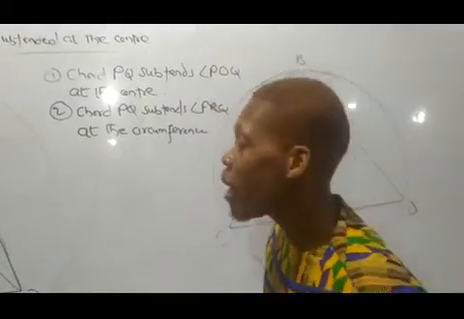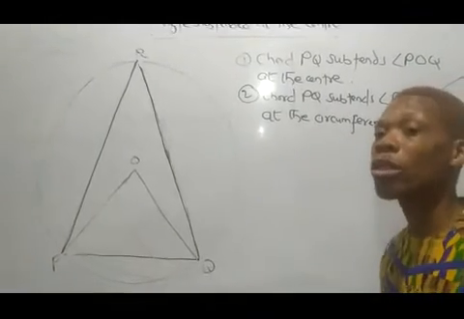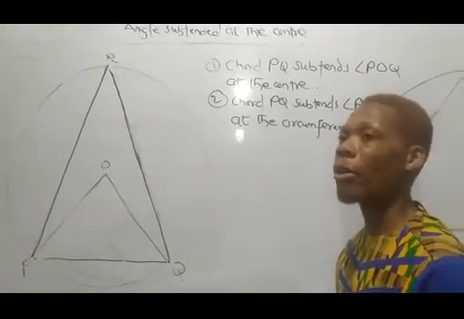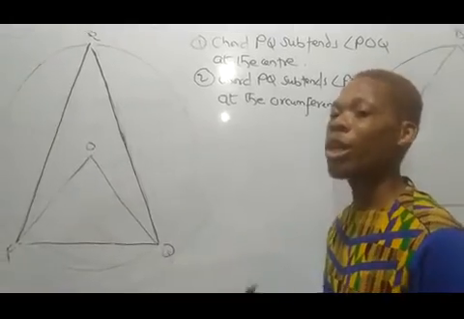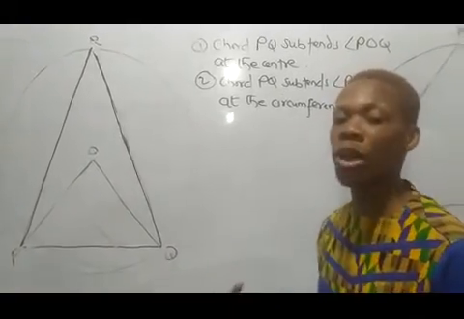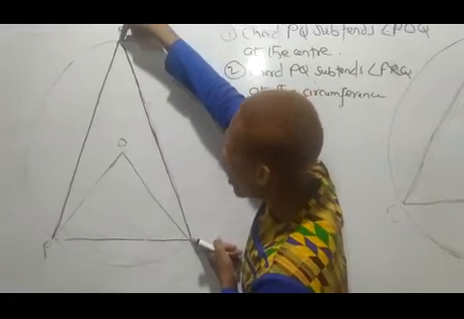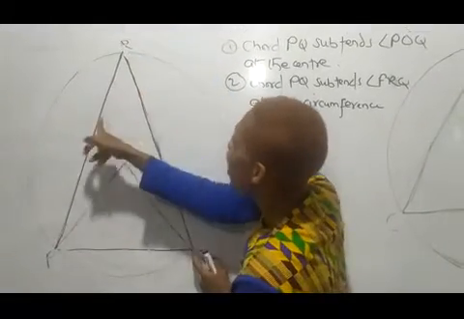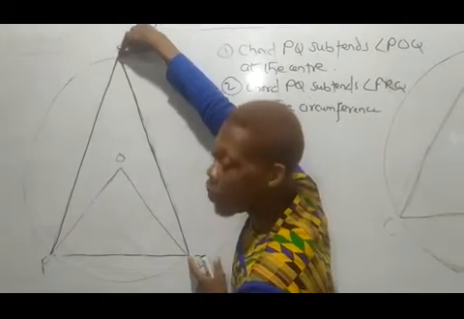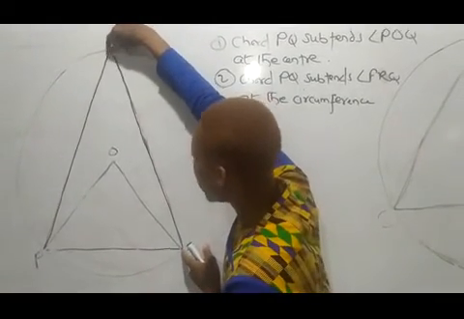Now let's look at the other chords. Remember, we have identified 3 chords. We've also identified that QR is also a chord. So let's look at the angle that QR is subtending. If it subtends the angle, the lines which create the angle should have a connection with the chord. So let's look at QR. Realize that this line has a connection with Q, and this line has a connection with R. So I will trace to check which angle QR is subtending.